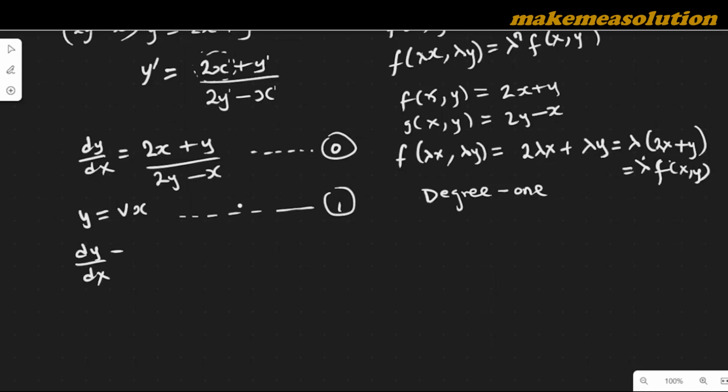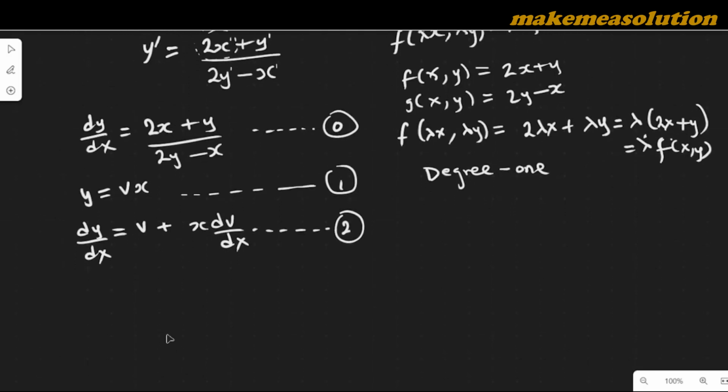Then when you differentiate vx, you're going to get v plus x dv dx. Okay, so if you're still having issues with some of these things, just see the last video I posted. I think I make a strong enough background for introducing us into homogeneous differential equations, so please watch the last video before this one.